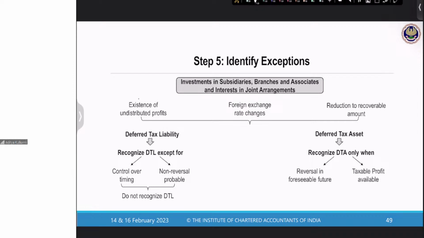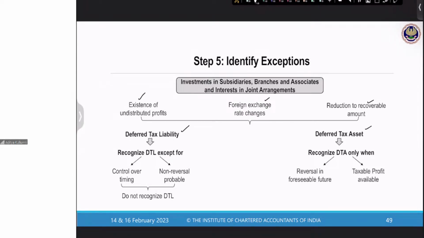There could be undistributed profits. There could be forex rate changes. There could be reductions in the recoverable amounts. Okay. All right. Because of this, you are going to have either a DTL or a DTA.